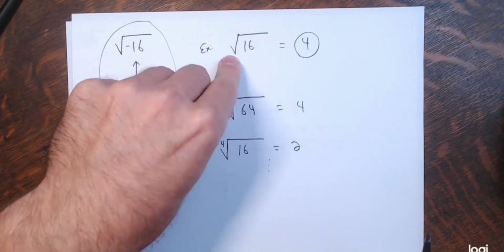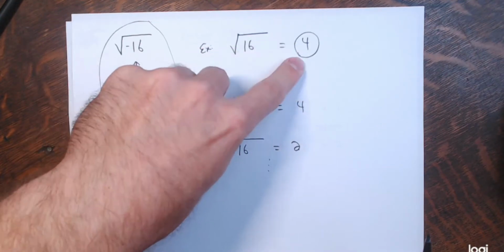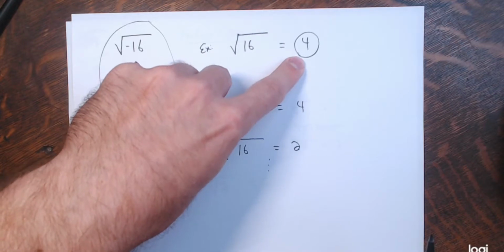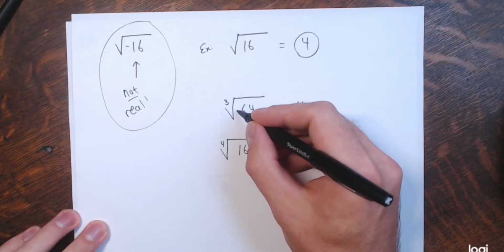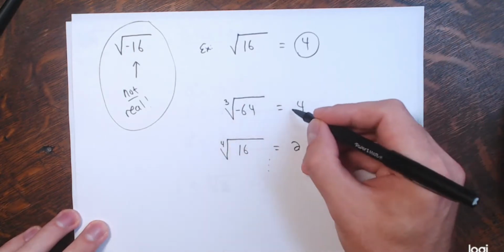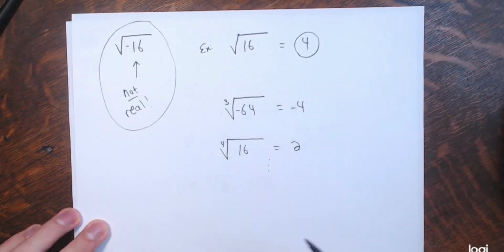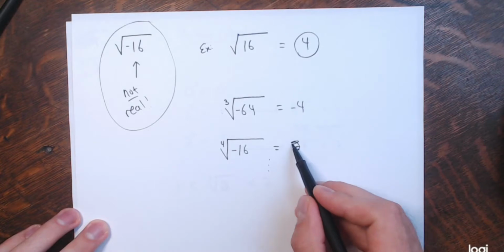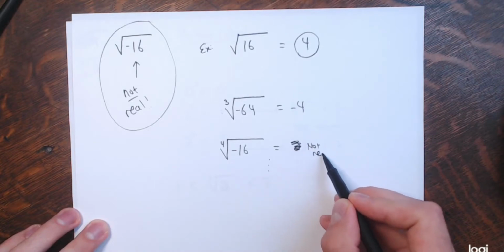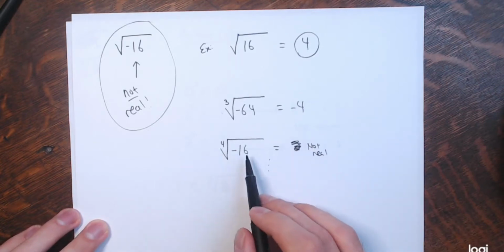If there's an even root with no minus sign in front, your result should be non-negative. And if it's an odd root, it could be negative. If this was the cube root of -64, that'd be -4. That's fine. The fourth root of 16 is 2. The fourth root of -16 is not real, because even roots can't have a negative radicand.